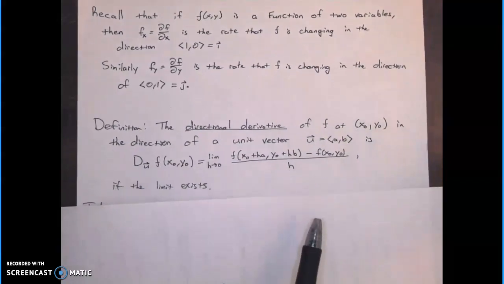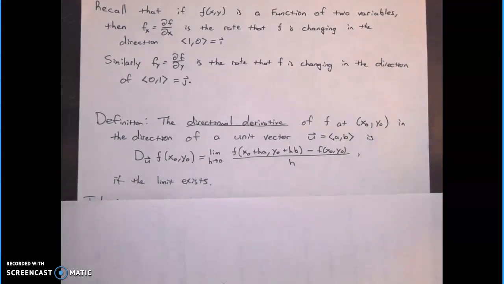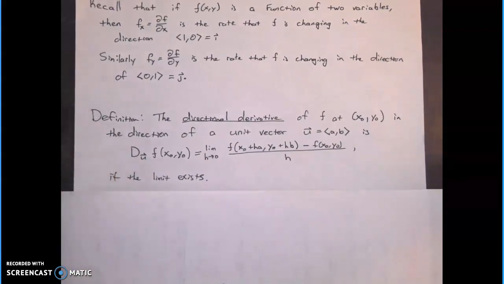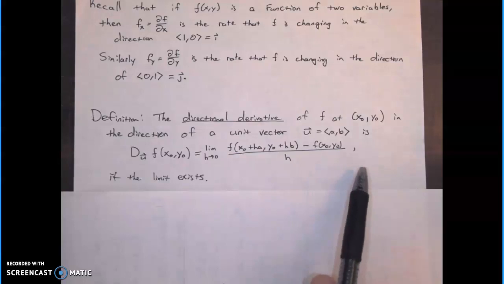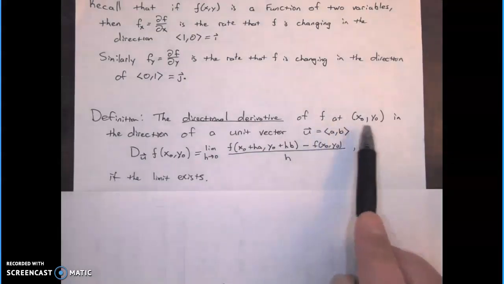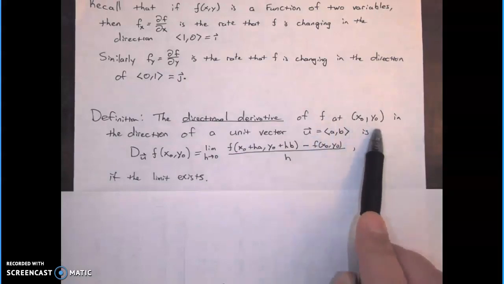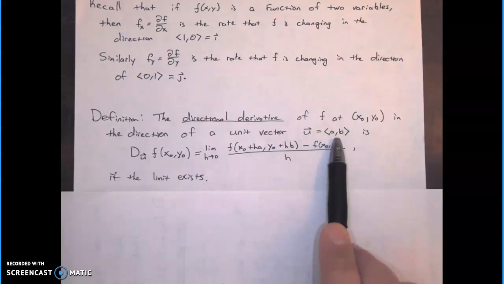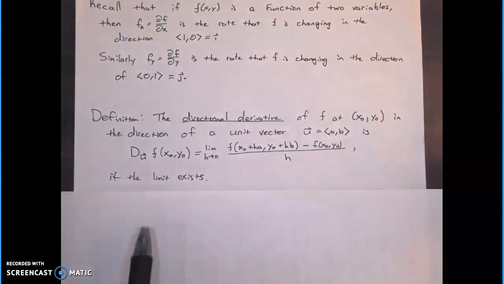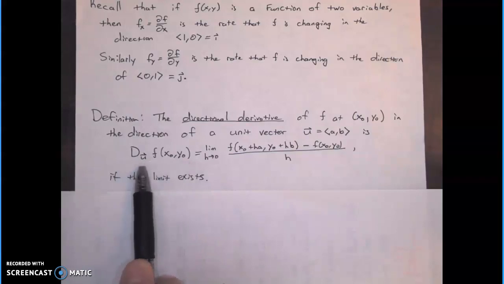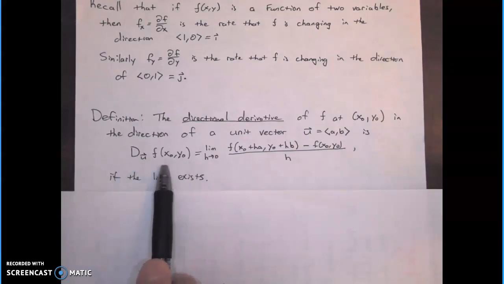And if we look at the definition of a directional derivative, it's given in terms of a limit, as are most things in calculus. So the directional derivative of a function f at a fixed point x naught, y naught in the direction of a unit vector, a b, so this has to have magnitude 1, is defined as, this is notation, a capital D with a subscript vector u, f of x naught y naught.